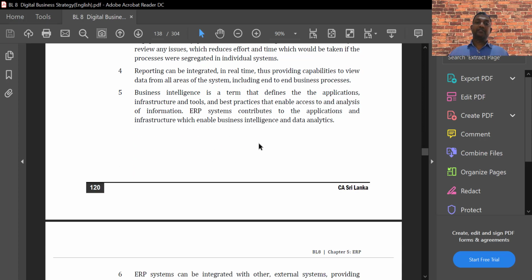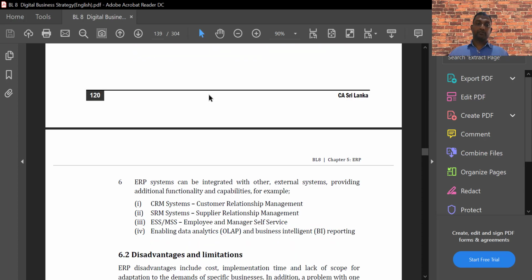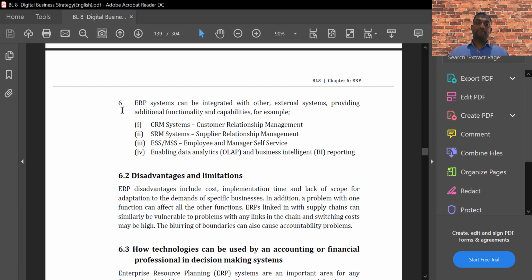And business intelligence related tools also will be available because of this arrangement. And an ERP system is easily integrated with other third-party systems which the organization is already using. So with any ERP system, most of the other systems that we use can be easily configured to work together.